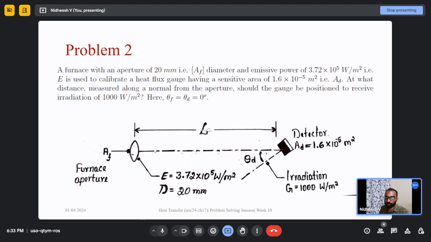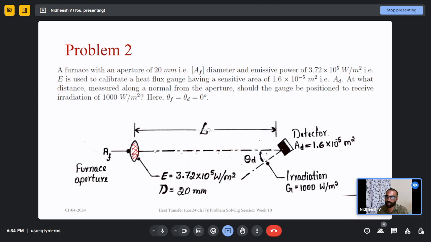We have a furnace, that is this furnace that is shaded by this red that I am marking in the figure. We have a furnace with an aperture of 20 millimeters diameter, and this is emitting some thermal radiation with an emissive power E. Note the units.